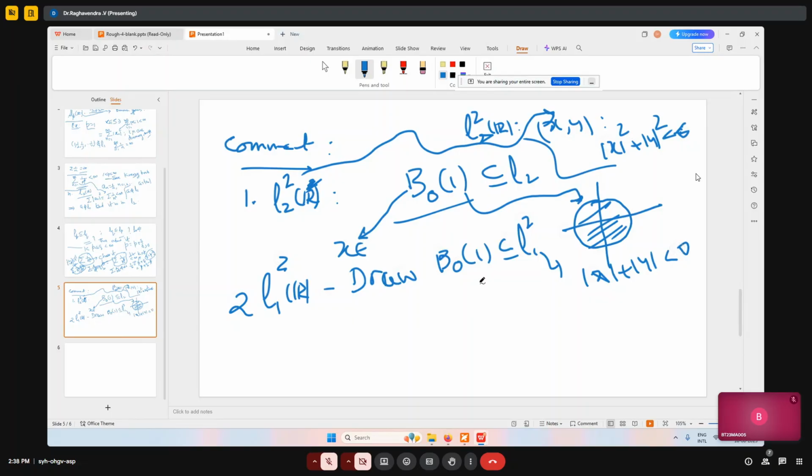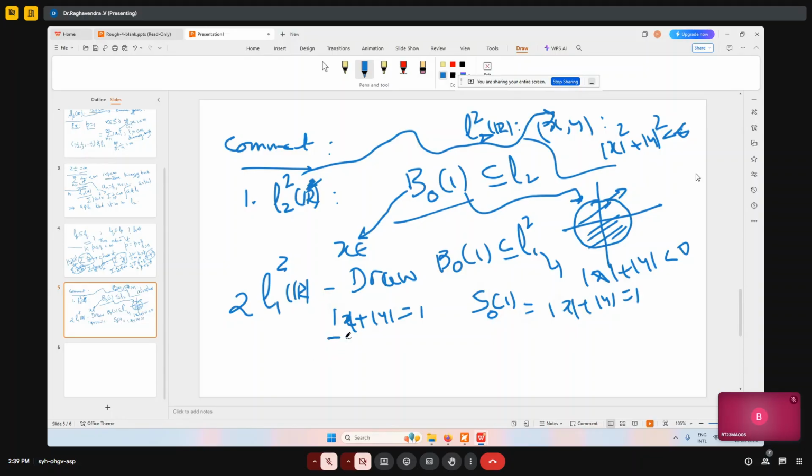That is with L1 R. So how does this B10 look like? It is set of all xy such that mod x plus mod y. So let me write it first for the sphere of radius 1. That is mod x plus mod y equal to 1. This is the circle. Okay.